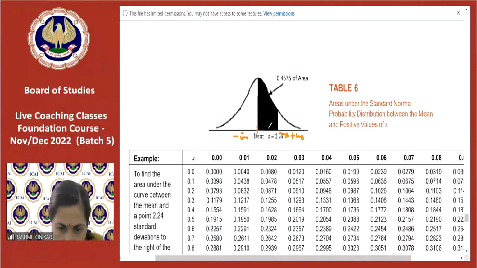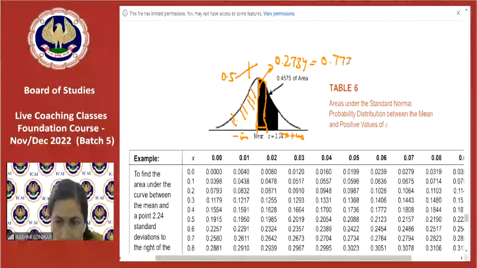So whenever I am trying to find for a positive number, this area I already know is 0.5. Then I need to find only this much area, which in this case was 0.2734. So this area plus this area gives me 0.773. This is known as the area under the standard normal curve.